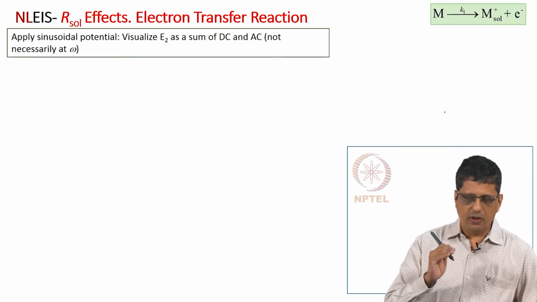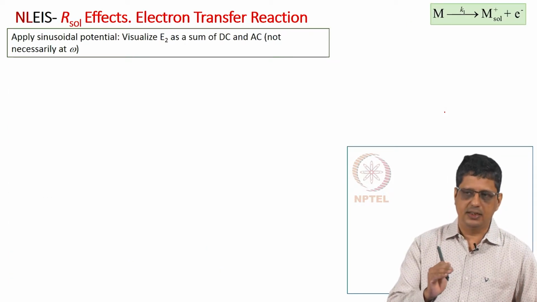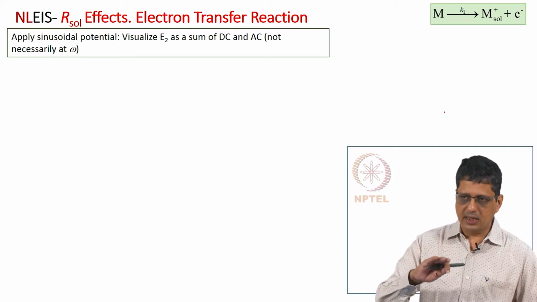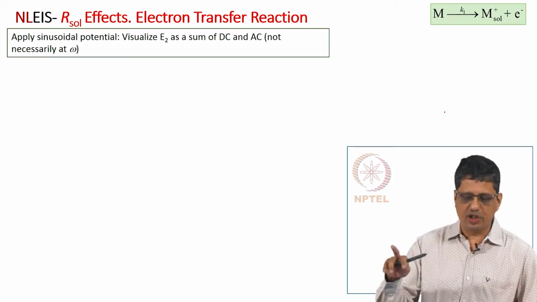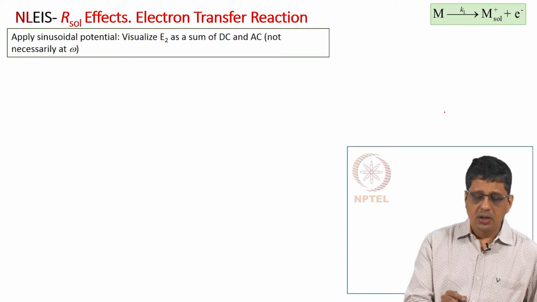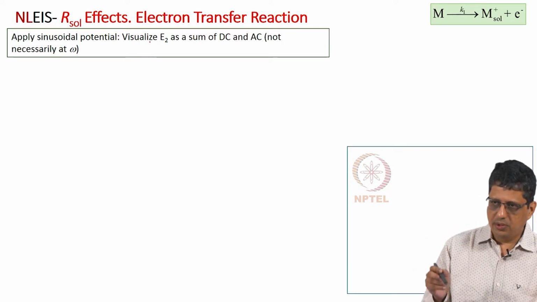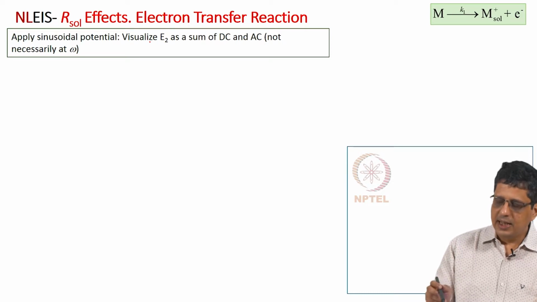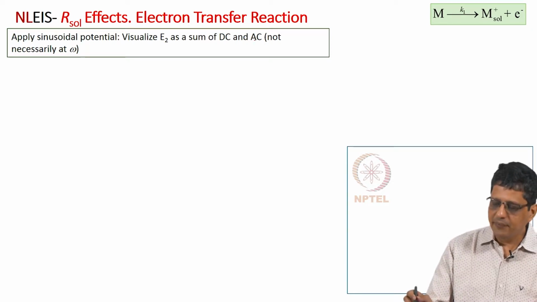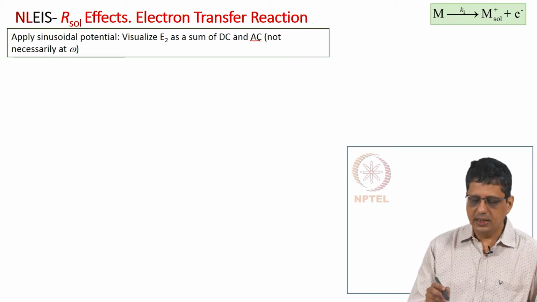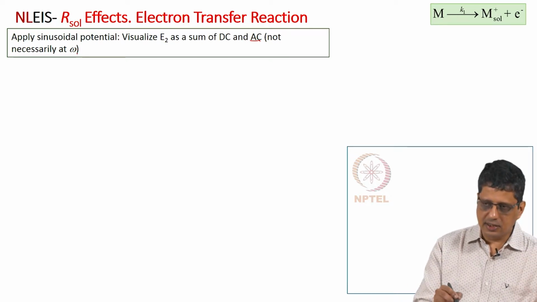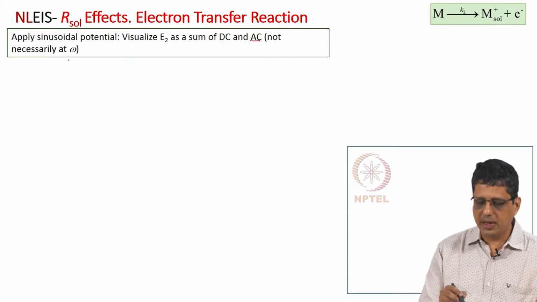Okay. For a given solution resistance, we apply a DC bias and on top of that we apply an AC potential, right. Now, we have to visualize E2, the potential drop across the interface, as a sum of DC and AC, but here I use the term AC in a loose fashion, it is not necessarily a sinusoidal oscillation at frequency omega.